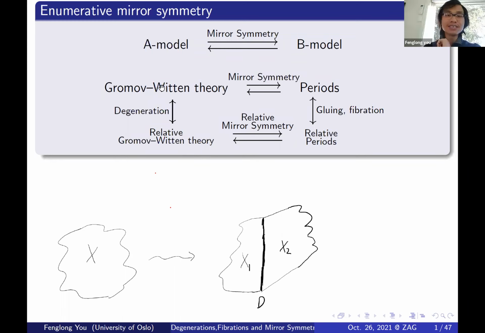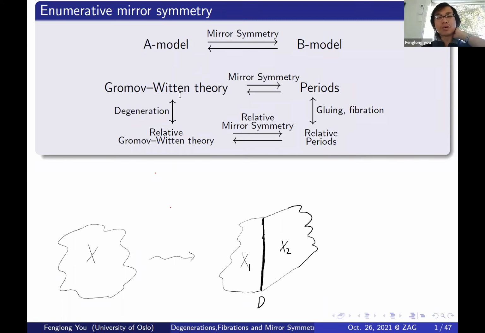Under degeneration, the Gromov-Witten invariants of X are related to the Gromov-Witten invariants of the two pairs, and there is a version of relative mirror symmetry that can relate relative Gromov-Witten theory of the pairs with relative periods, and there is a way to relate these periods and relative periods under this vibration structure. Everything here can be defined if we think about Gromov-Witten theory and periods.